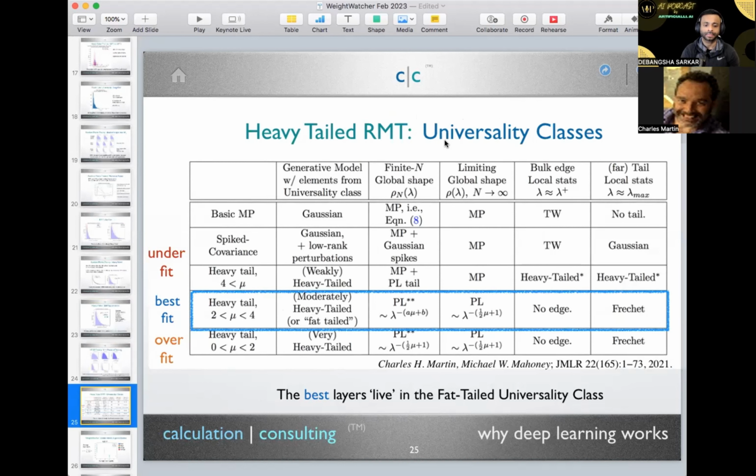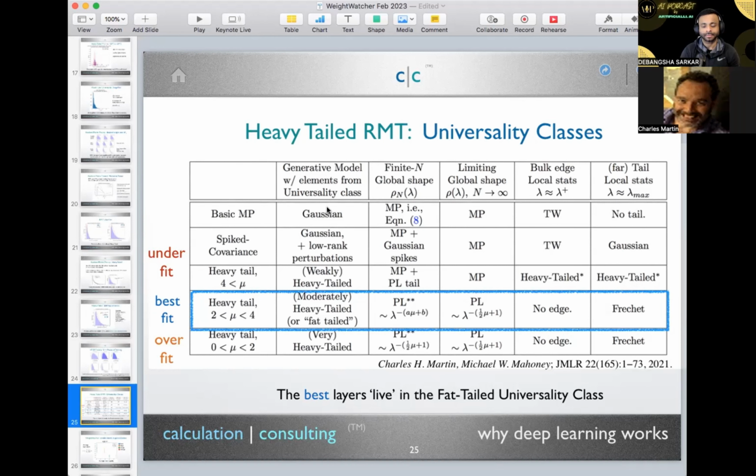So if you were to draw the elements of W from a Pareto distribution, in other words from a heavy-tailed distribution, you would see all these different universality classes, depending on the tail. If mu, the exponent for the Pareto, is greater than 4, there's something called a weakly heavy-tailed universality class.